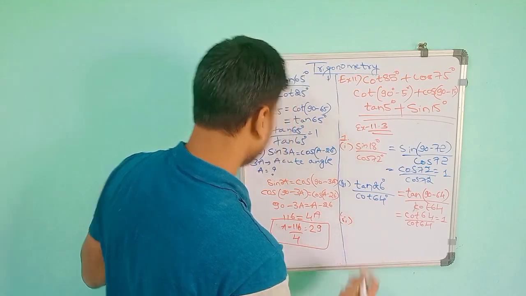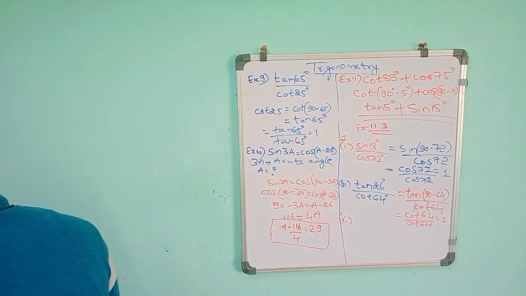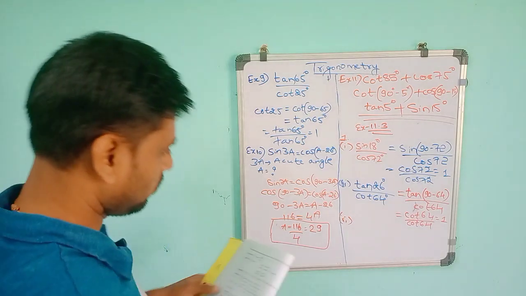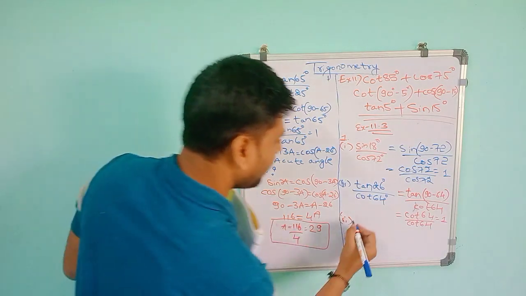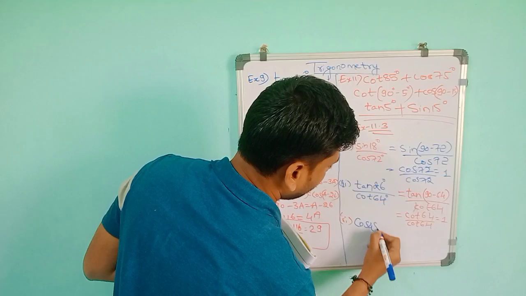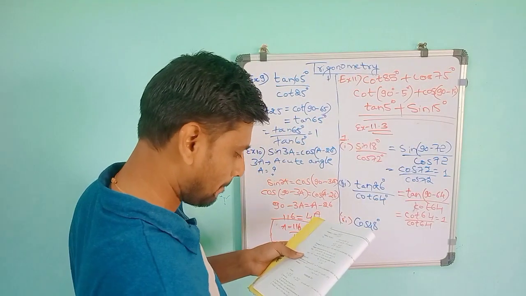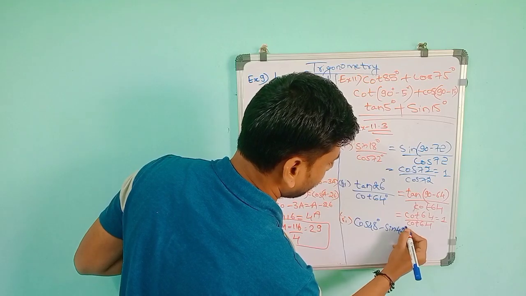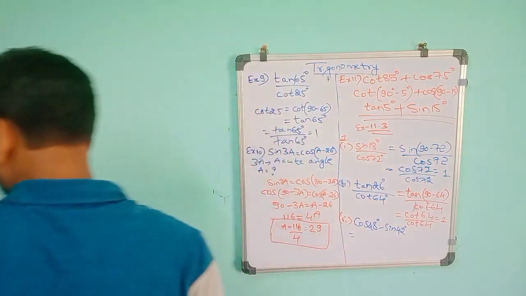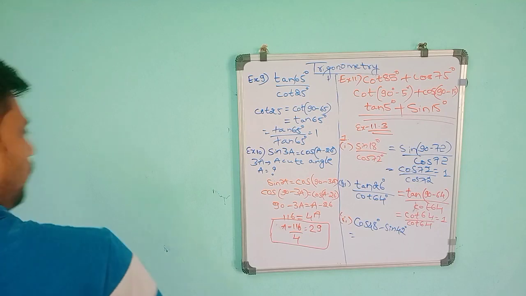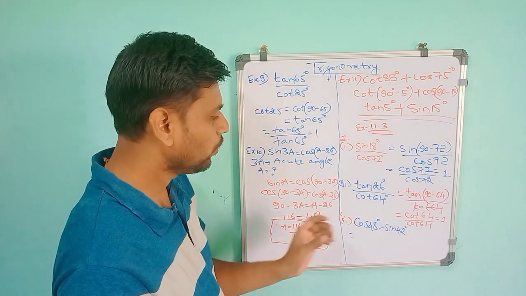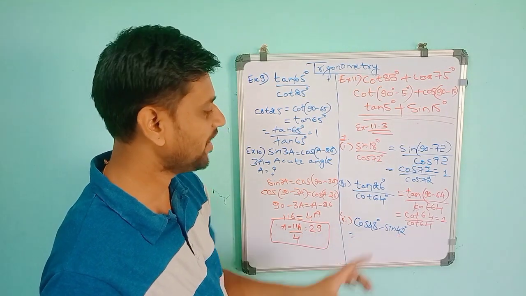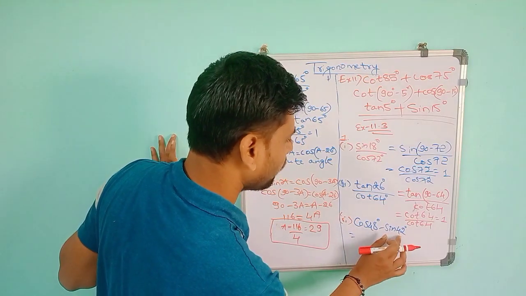And the third one. Cos 48 degree minus sin 42 degree. The only thing we have to do in this is check whether the two angles sum to 90 or not. So 48 degree plus 42 degree is 90.